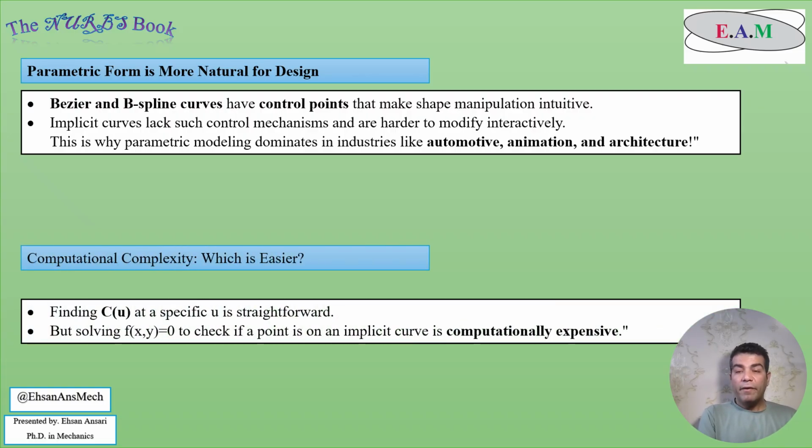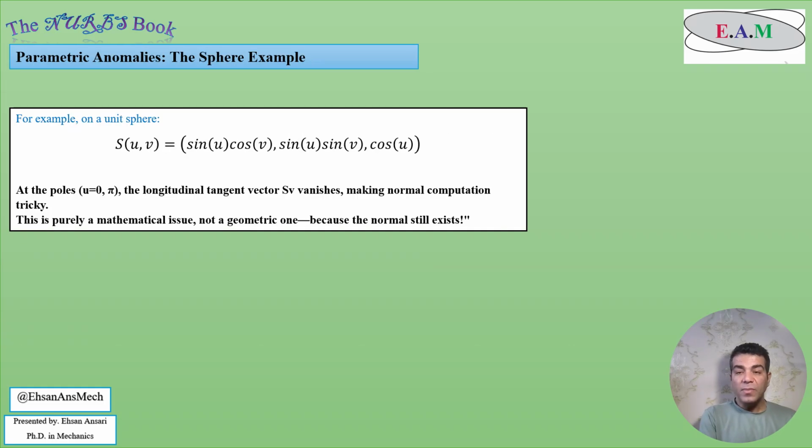The complexity of mathematical operations depends on the method of representation. If you need to compute a point on a curve or surface, parametric forms are much easier. If you need to check whether a point belongs to a curve or surface, implicit forms are simpler. As mentioned in a previous slide, one challenge with parametric surfaces is parametric anomalies.